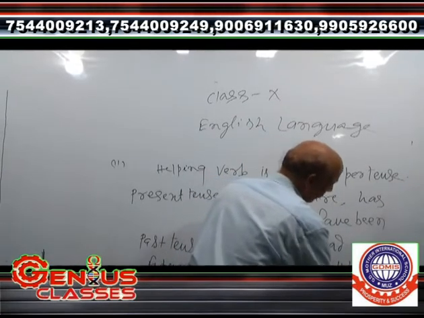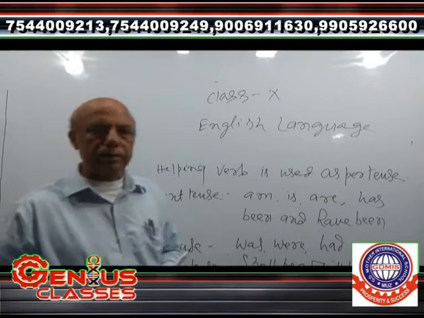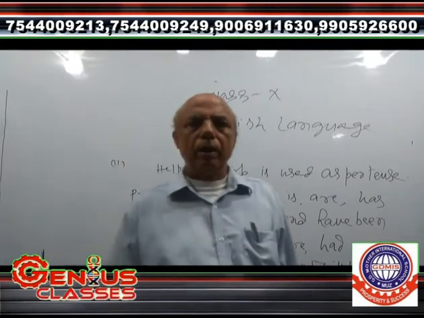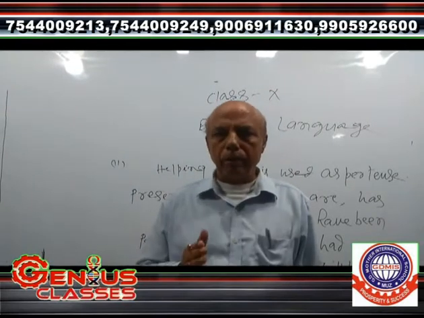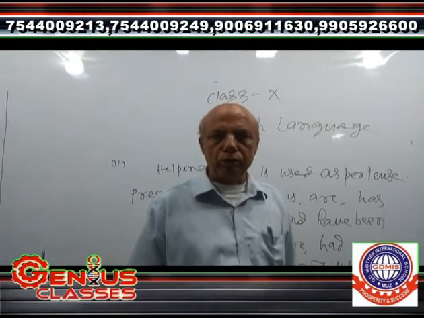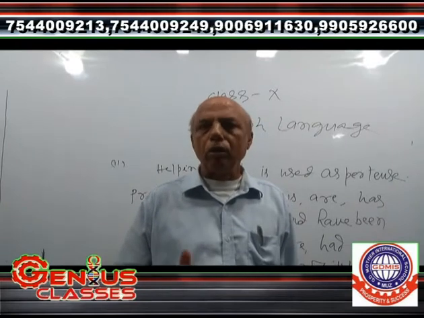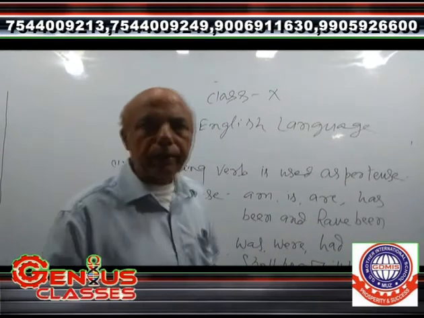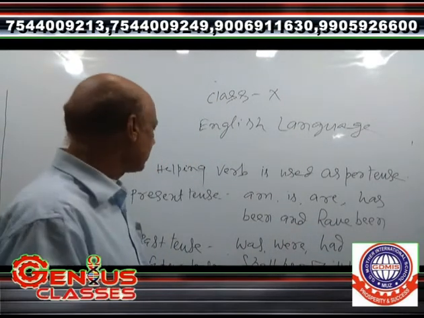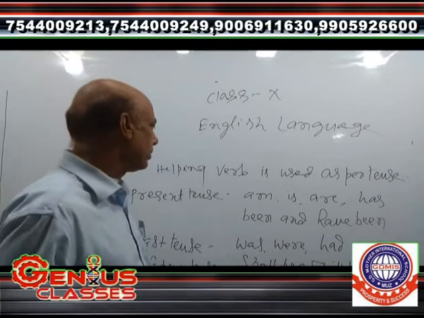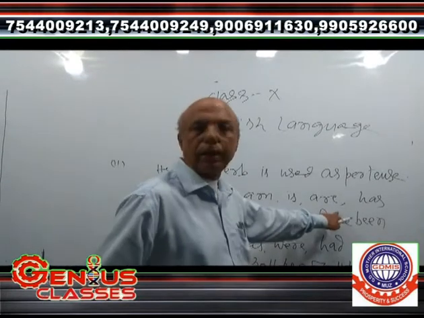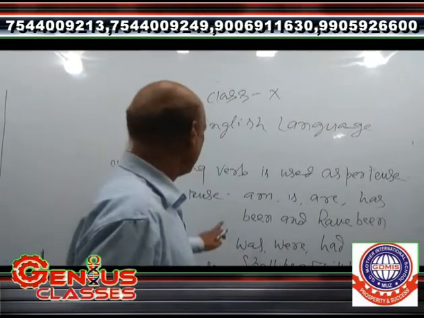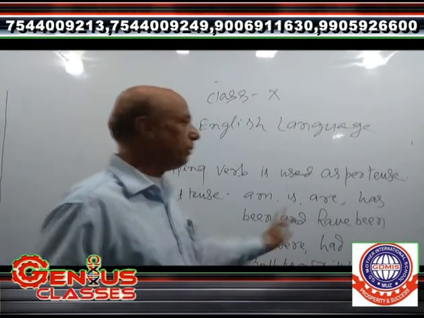Here, again I am describing, when a verb is changed from active into passive, the auxiliary verb, helping verb, is used as per the tense of the active voice. If we get an active voice in the present tense, the helping verbs used are is, are, has been, and have been.